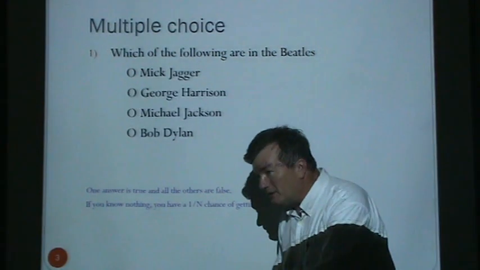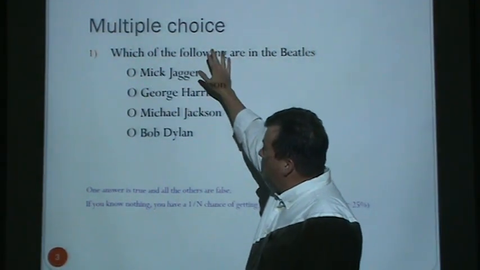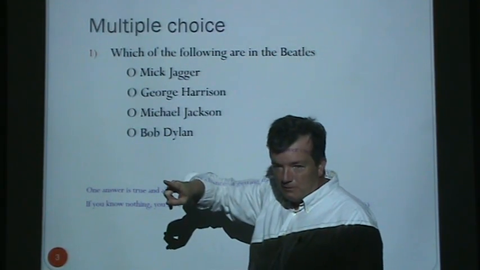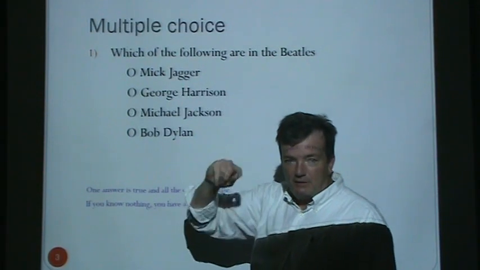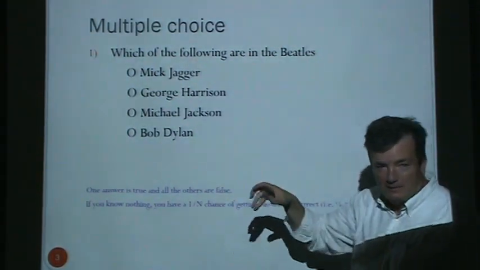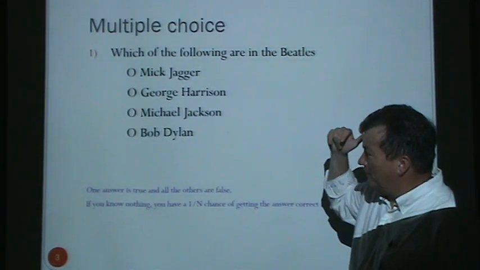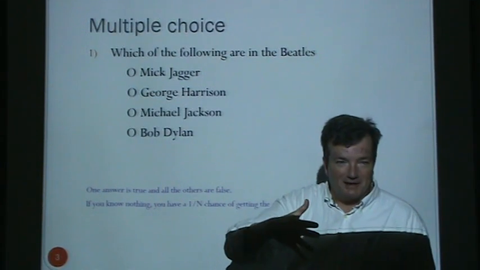Then there's the multiple choice style of question, where you're given a bunch of choices, and one of them is true, and all the other ones are false, right? And you have to pick out which one's true. Now, if you don't know anything about this question, what chance do you have of getting it right?